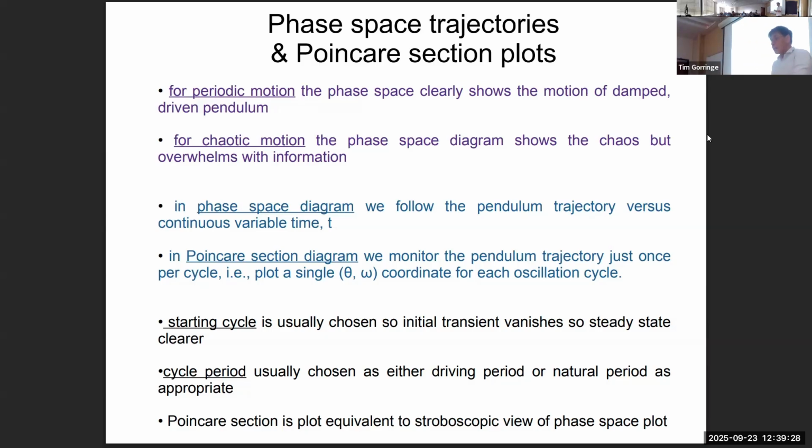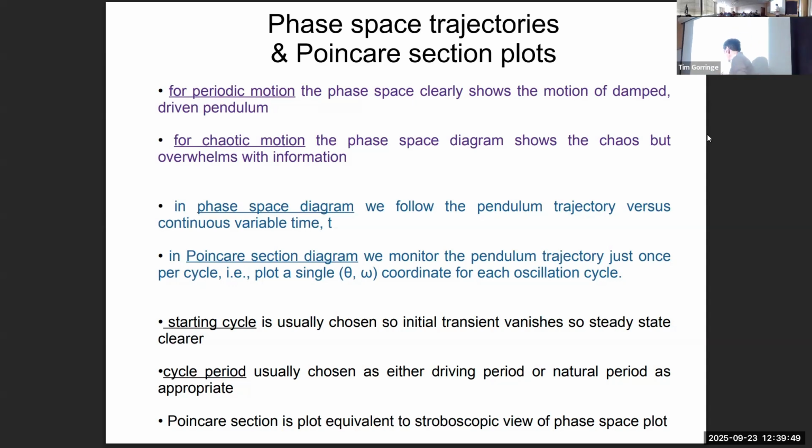We'll wait until some time has elapsed, so the transients have died off, and then start making the plot. So we'll often introduce a delay before we start creating the Poincare section points that go in the plot.